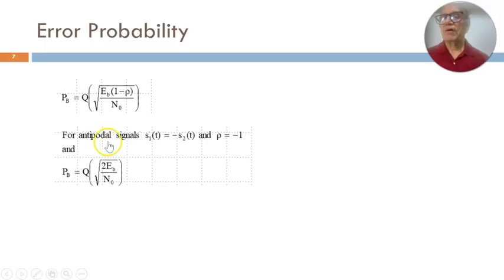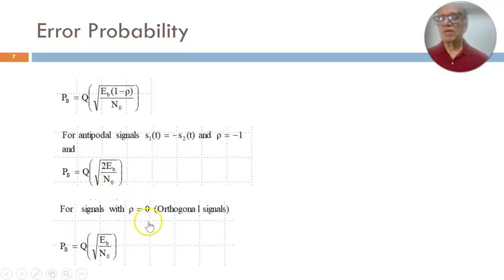So if you have antipodal signals, S1(t) is equal to minus S2(t), and it will be easy to show that rho is equal to minus 1. This is an exercise left to the student to complete. If rho is minus 1, then this is minus 1, so that becomes 2, and PB is equal to Q with a parameter under root of 2 EB upon N0.